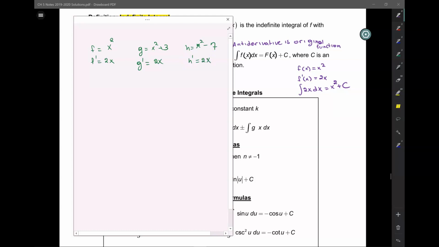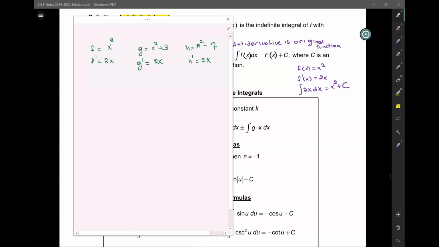So we don't know. When I took the antiderivative, I found all of the functions so that when you take a derivative, you get 2x. That's what a derivative does.